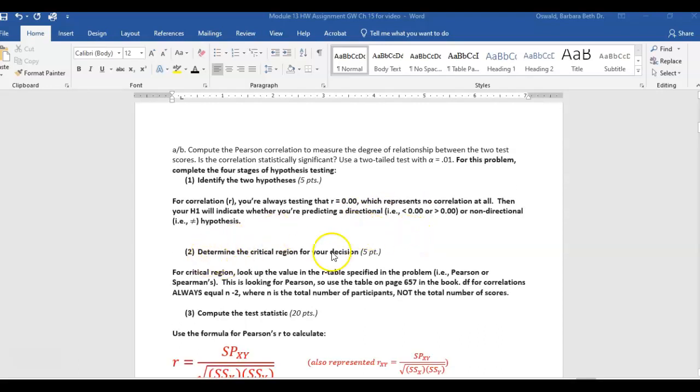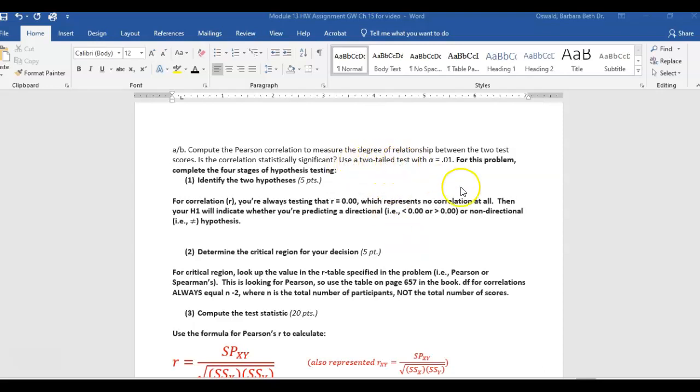All right, next determine the critical region. We've done this for several statistical tests. For this particular one, it's asking us to calculate the Pearson product moment correlation, and we can find those critical values in the Pearson correlation table found on page 657 of the textbook. So look at the problem to see what you're testing.